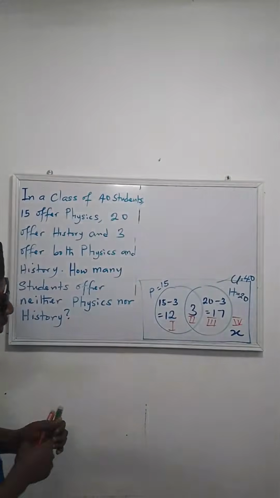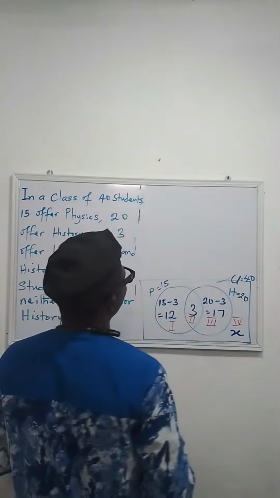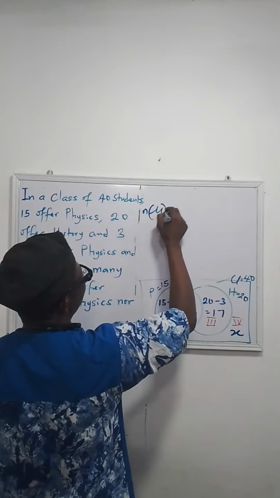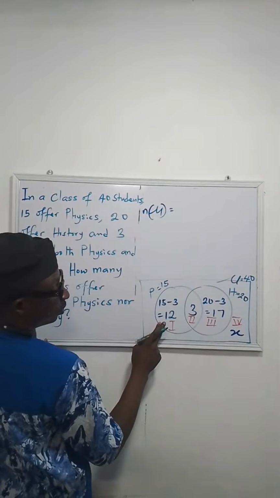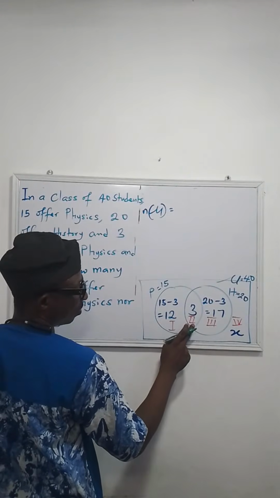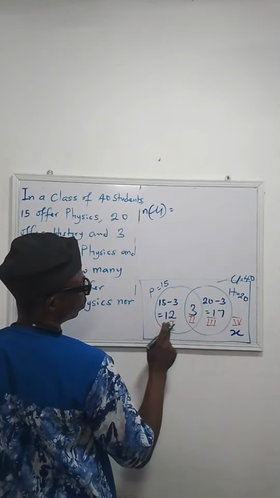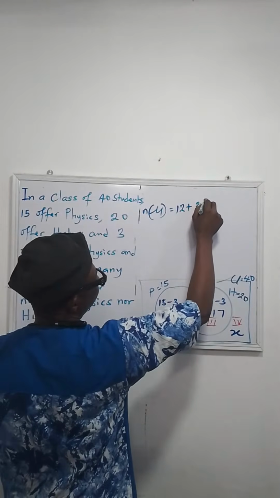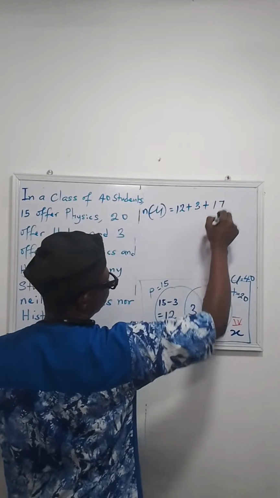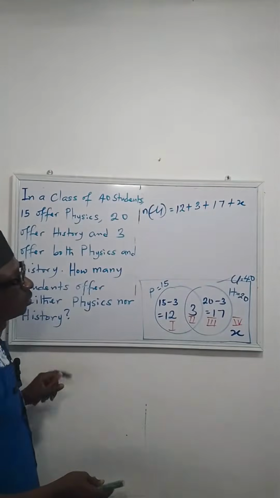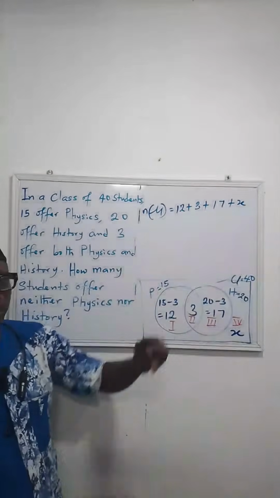Okay. So now the number of all the students, which is 40, will be equal to the first part plus the second part plus the third and the fourth part. So the first part is 12. That's 12 plus 3 plus 17, plus x. All right, these are the 4 parts added together.